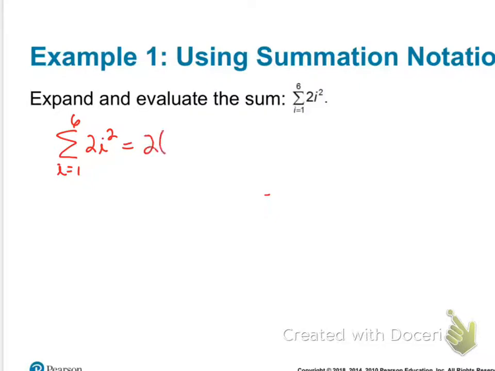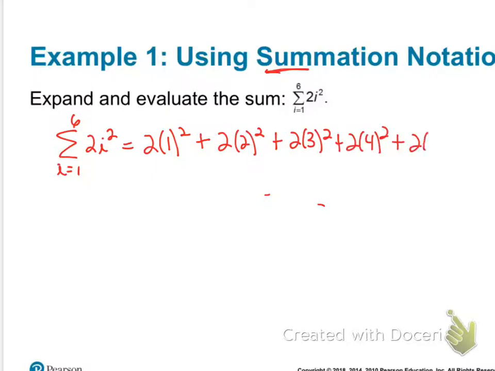So we have 2 times 1 squared plus, because the summation means we're adding sums. And then here you go: 2 times 2 squared plus 2 times 3 squared plus 2 times 4 squared plus 2 times 5 squared plus 2 times 6 squared.